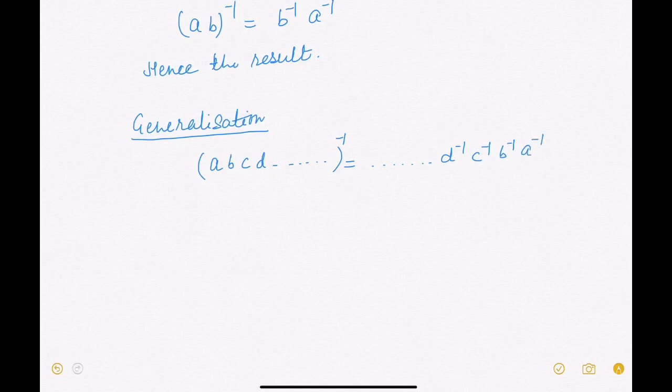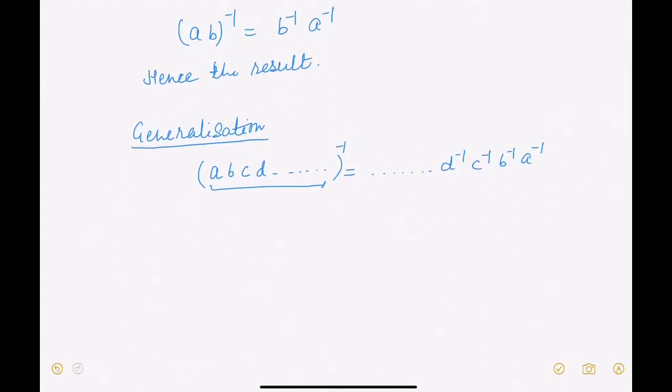That means the inverse of the product is equal to the product of the inverses taken in the reverse order. This is the generalization of the reversal rule.